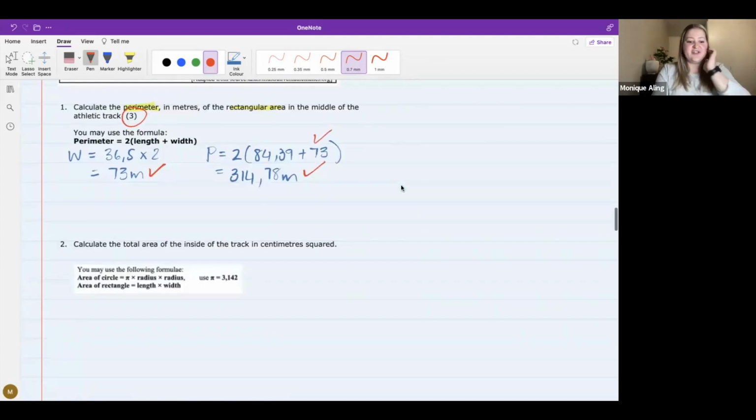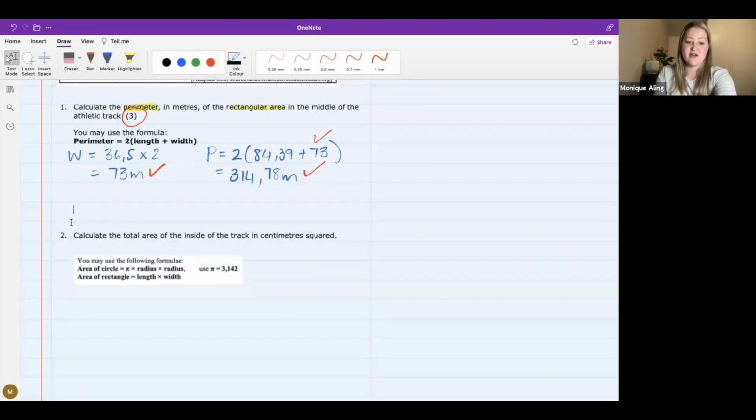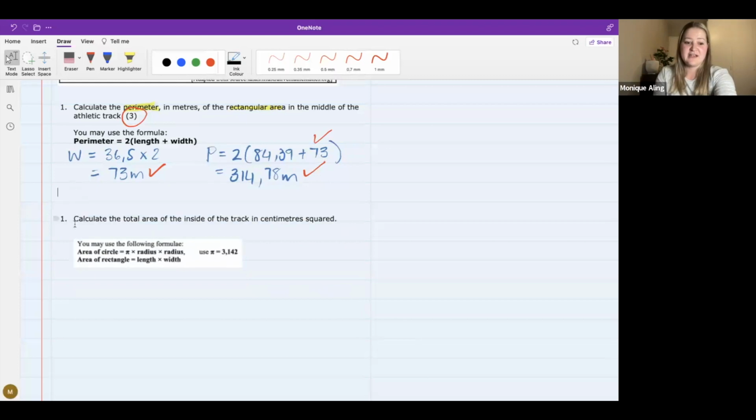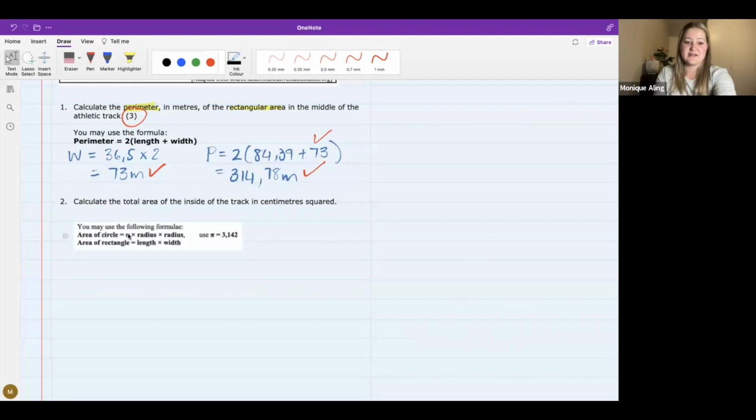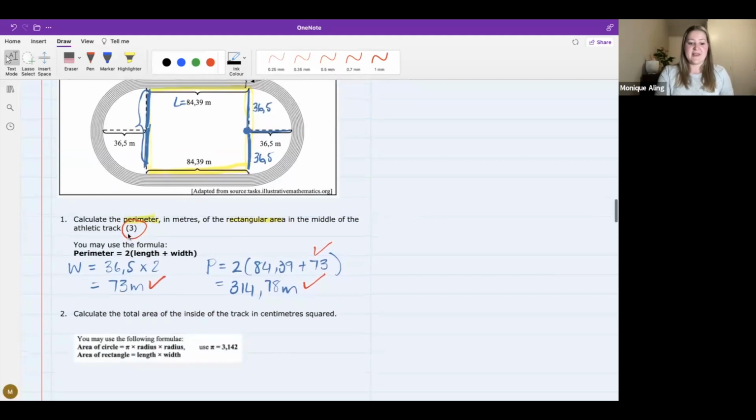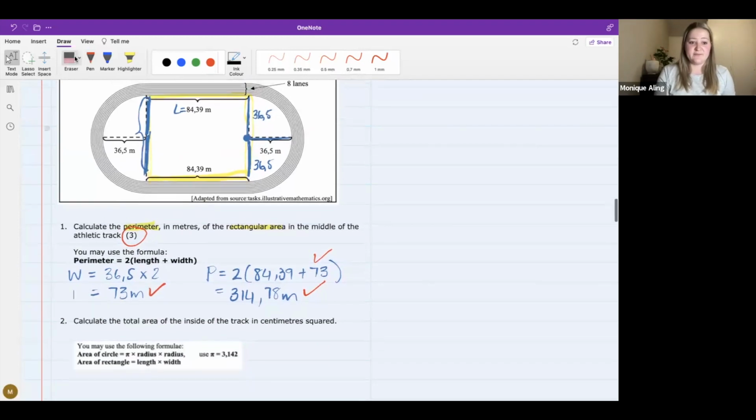Okay. The next question, calculate the total area of the inside of the track in centimeters squared. And they've given you some formulas. Formula of a circle, area of a circle, and area of a rectangle.